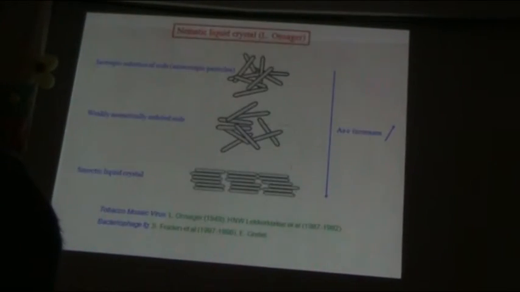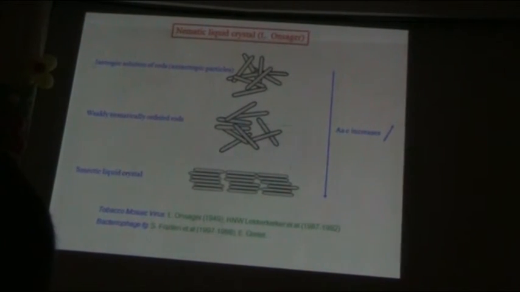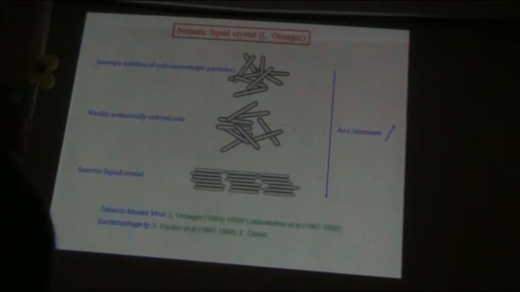I would like to discuss the existence of an orientation order in polyelectrolyte solutions. Until now, nobody has observed any orientation order with flexible polyelectrolytes.